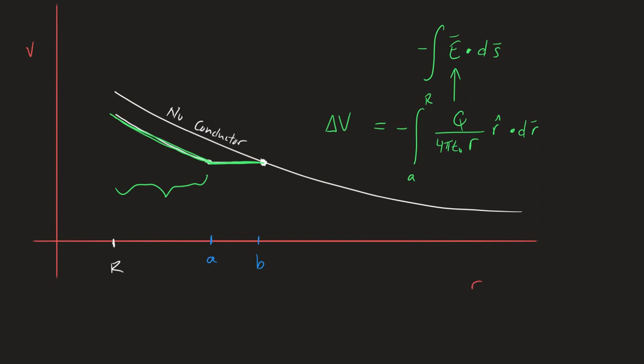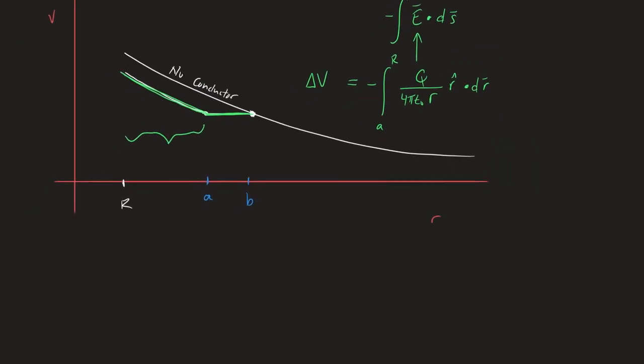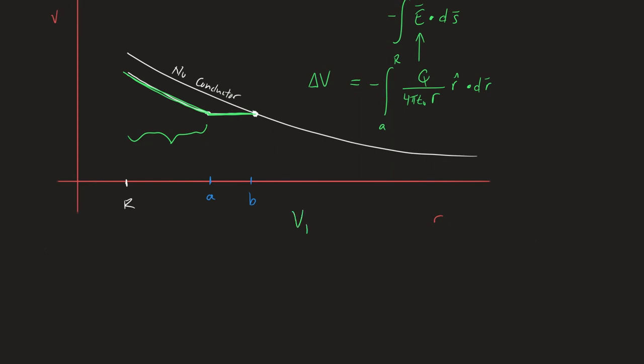So this delta V would eventually have to be replaced with V at R, which is what we are solving for, minus V at A, which we already know to be Q over 4 pi epsilon naught B. And then that would equal the result of that integral.